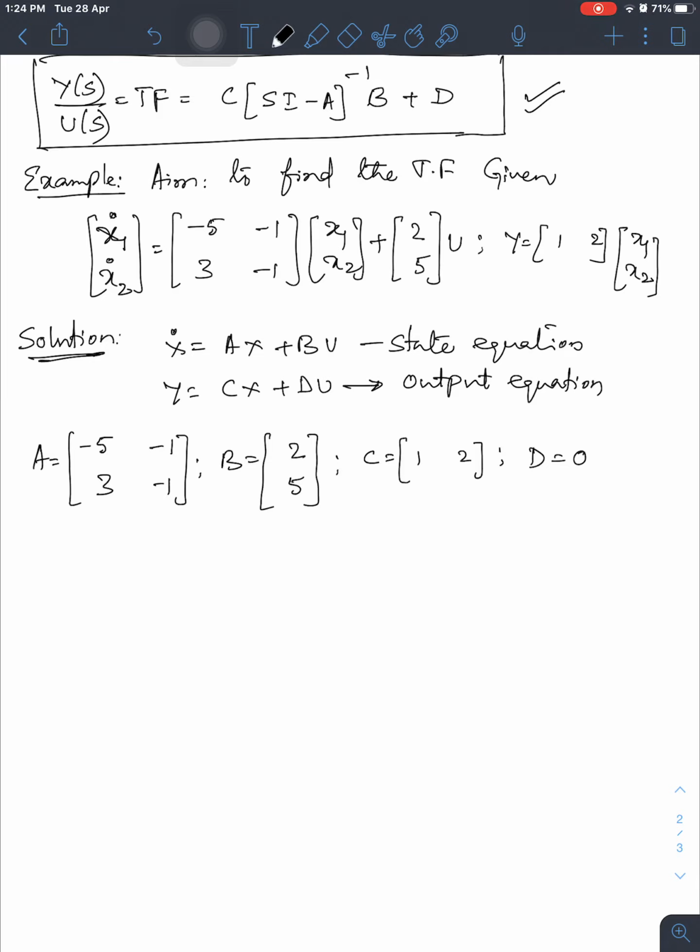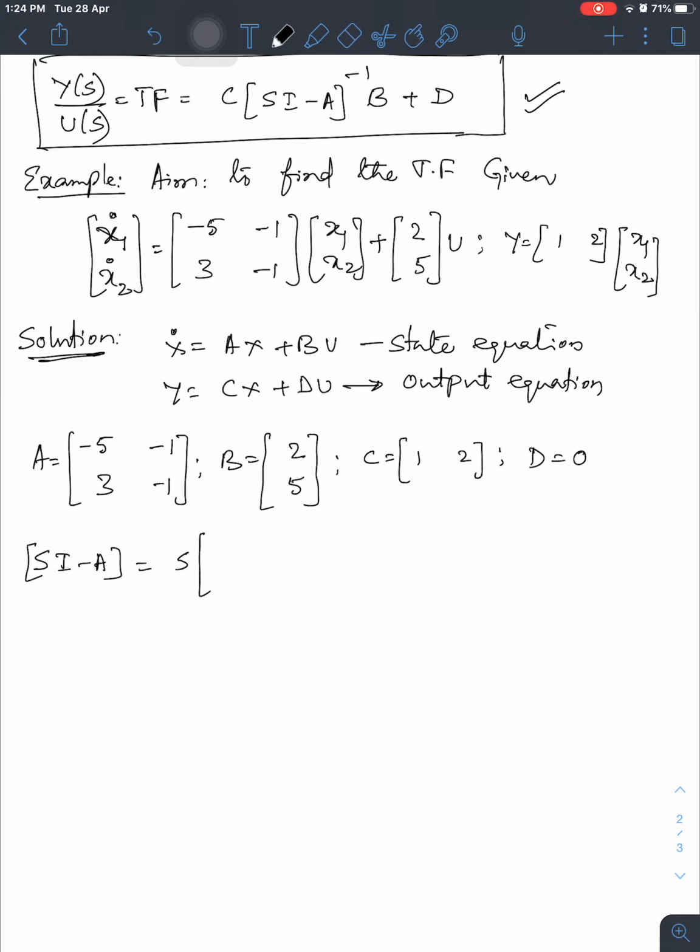So to begin with, we will try to evaluate step by step. We will first find the sI minus A matrix. So we need to subtract the A matrix from the s matrix. Rather, to make s a matrix, you may have to multiply it with an identity matrix, as A is a 2 by 2 matrix.